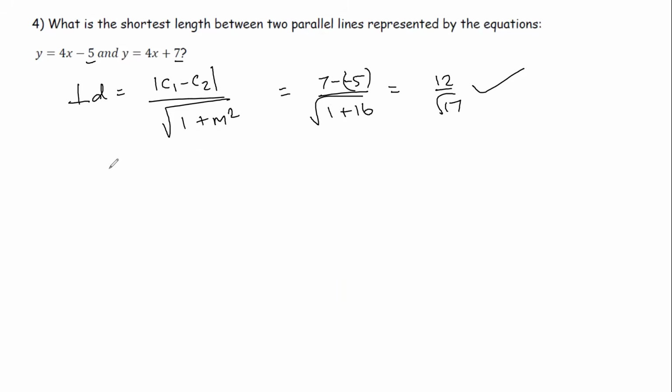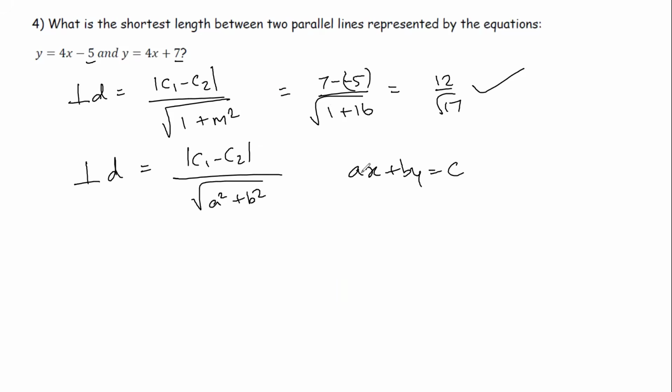And there's another formula also, that the perpendicular distance is mod of C1 minus C2 upon root of a square plus b square. So what is this a square plus b square? It is for the form ax plus by equal to c. So if this equation is written in ax plus by form, it will be 4x minus y equal to 5.